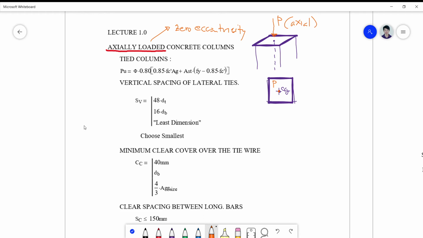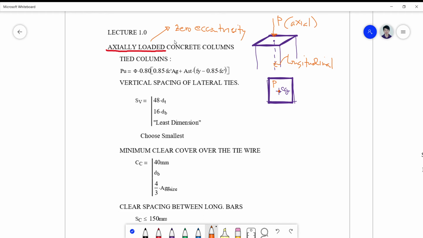The axial load P passes right at the point where this longitudinal axis is located, and therefore the eccentricity is said to be zero.